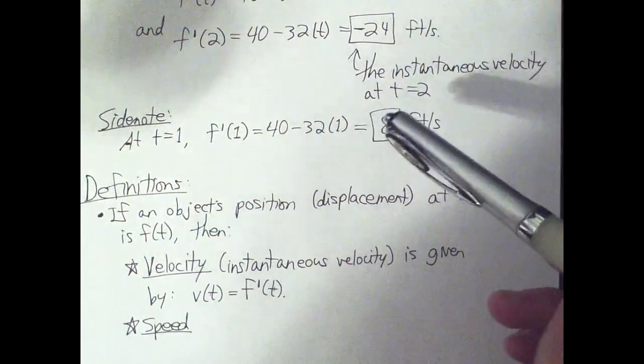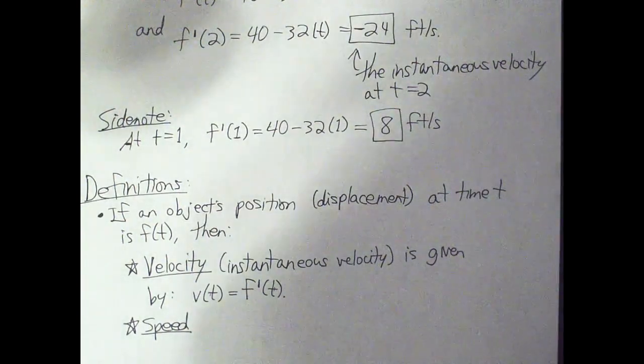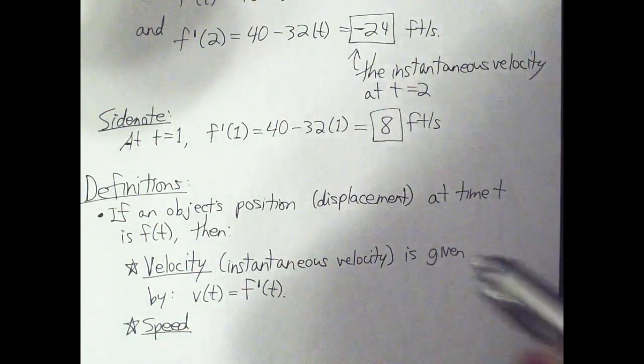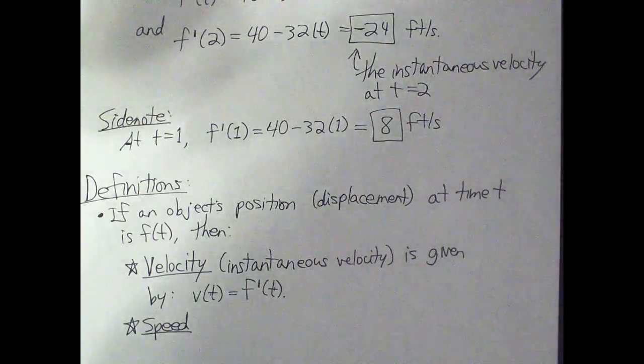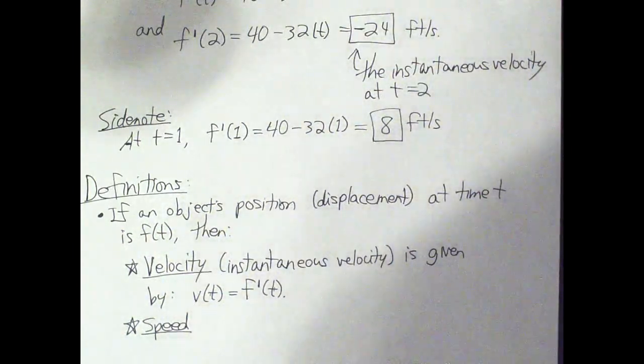When you drive your car forward, your speedometer says you're going 30 miles per hour or something. If you put your car into reverse and you drive in reverse, does the speedometer go negative? No, the speedometer still shows you a positive value.